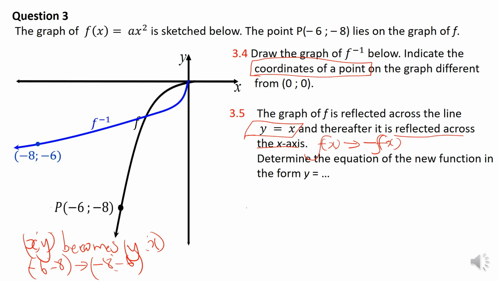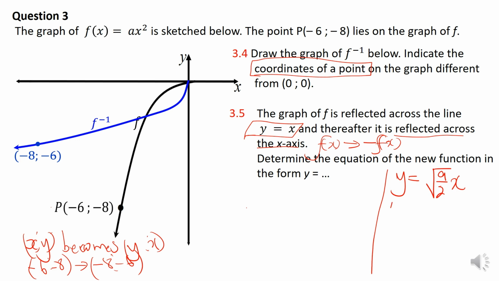So we need the equation of the inverse. In this case, we have determined the equation of the inverse already. Y is equal to the square root of 9 over 2x. This is the equation of the inverse.